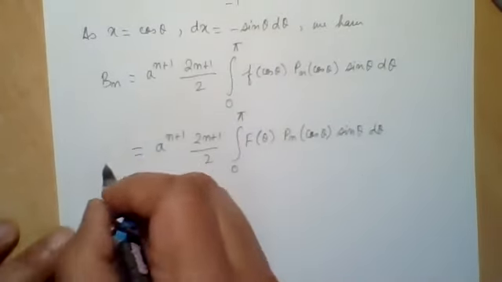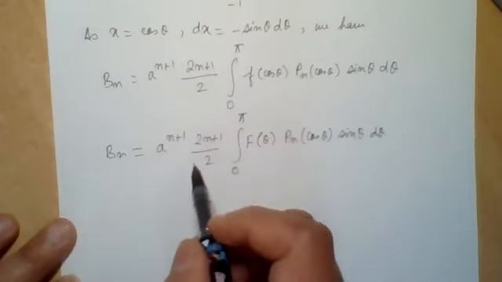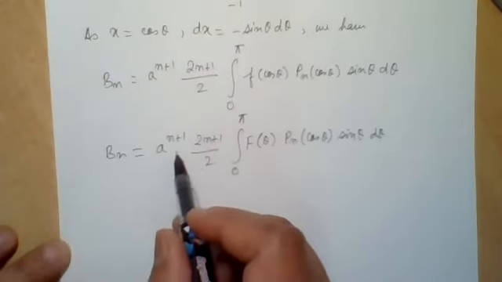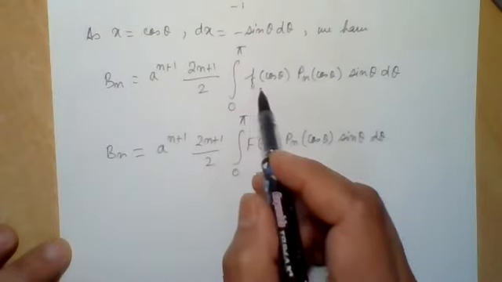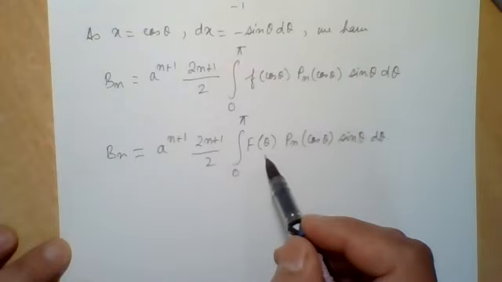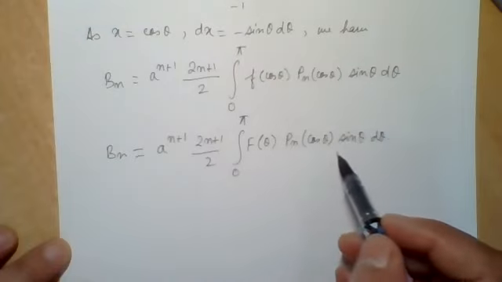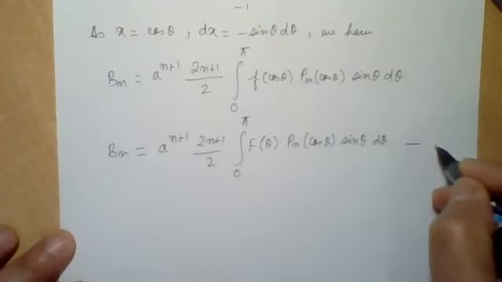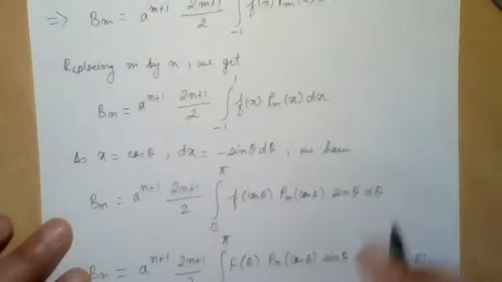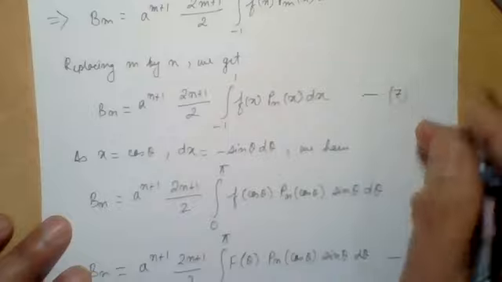So this is the expression for Bn. So a to the power n plus 1 times 2n plus 1 by 2, integration, where f of cos theta is nothing but capital F of theta, Pn(cos theta) sin theta d theta. This we call equation number 8, and this we call equation number 7.